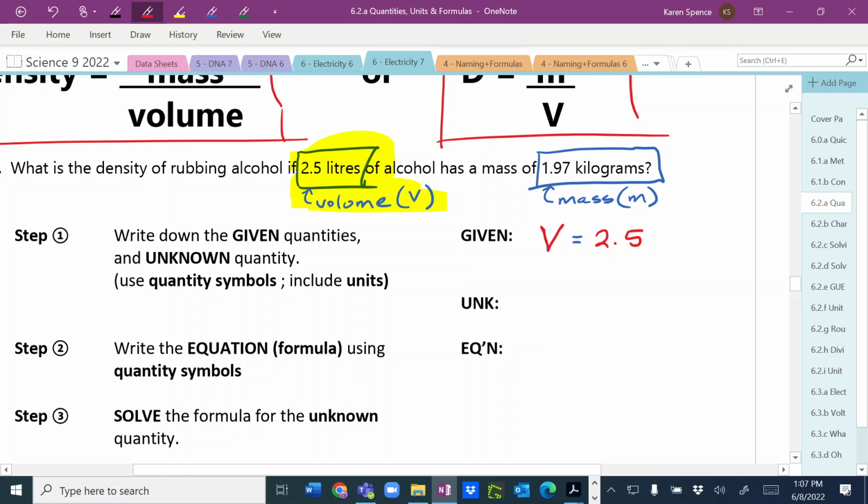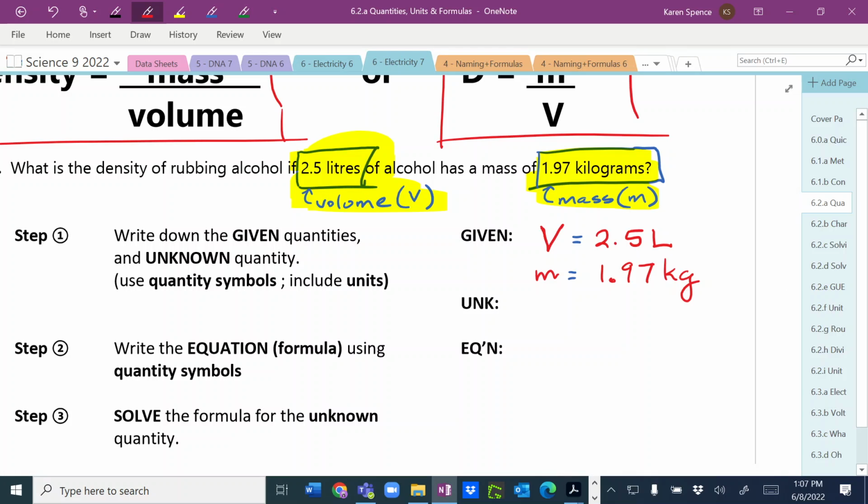It's usually easiest to write the abbreviation just because it's shorter. So what's the abbreviation for liters? Capital L. Excellent. Do I have other given information I need to write down? Yes. What's going to go on the left-hand side of the equal sign for our mass? M, for mass. We have mass is equal to 1.97 kilograms.